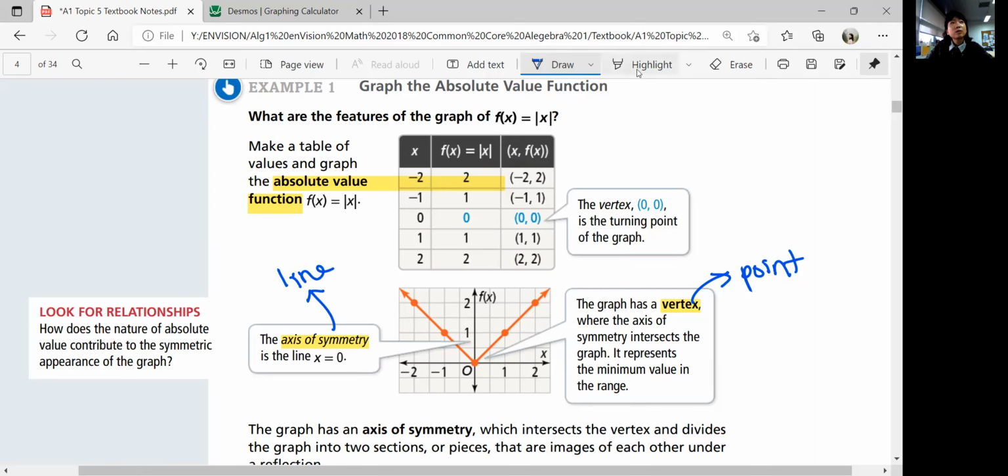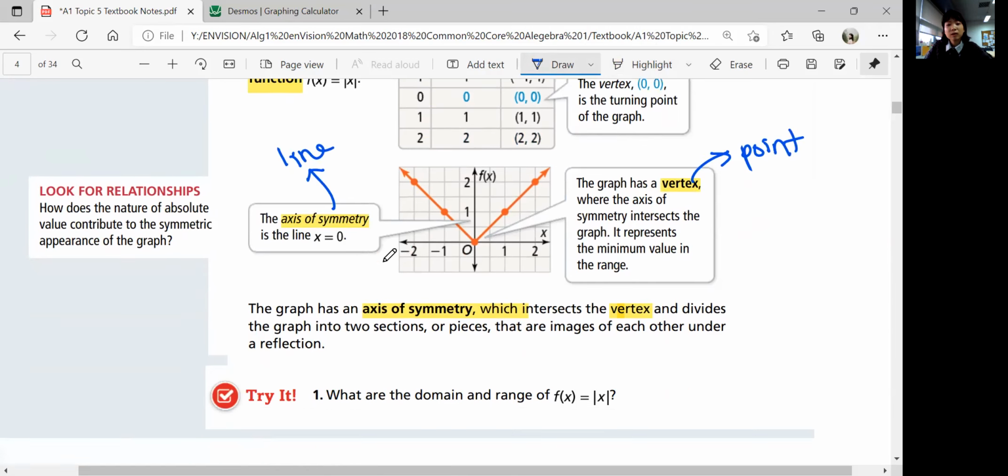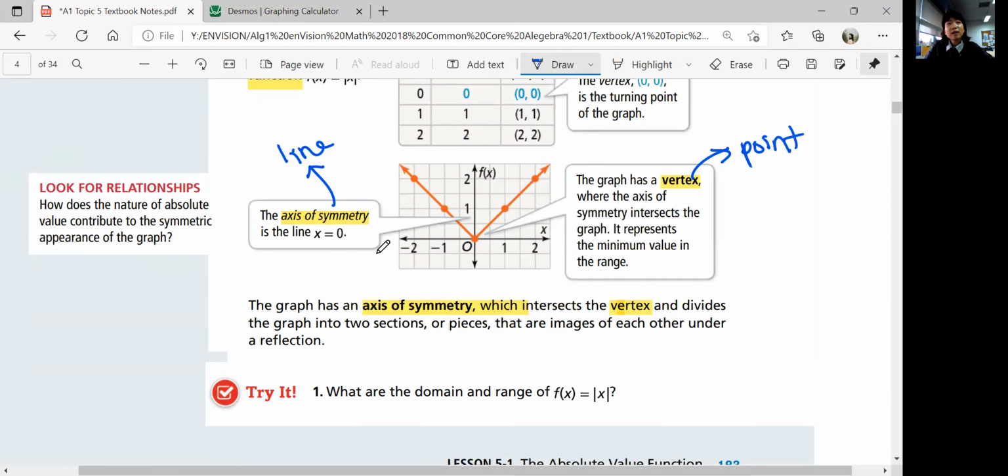So by definition, axis of symmetry intersects the vertex and divides the graph into 2 sections or pieces that are images of each other under reflection.